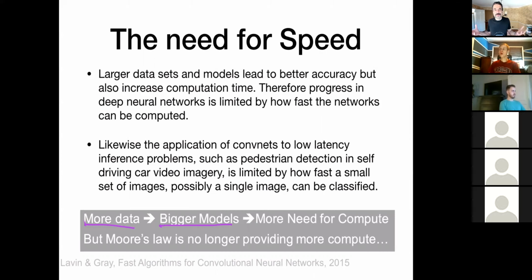So as a result of the network getting bigger or deeper, you obviously have more weights to incorporate in your training. And obviously for both training and inference, you need more compute, right?